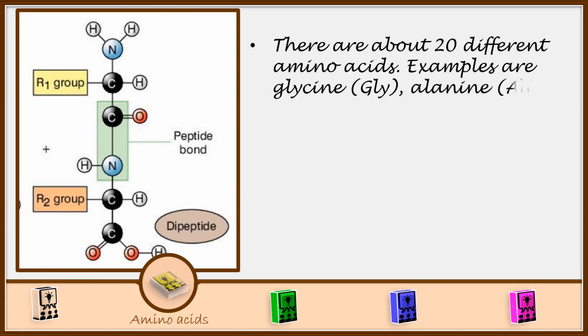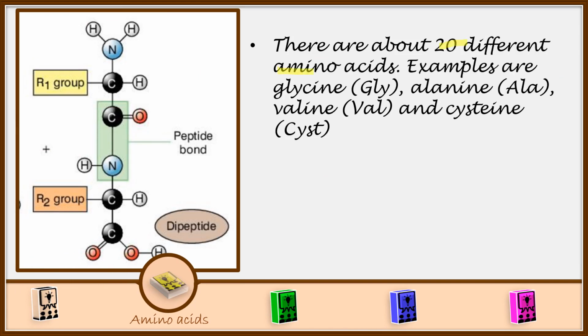There are about 20 different amino acids. For example, we have glycine, alanine, valine, cysteine, and many others. We have 20 amino acids.